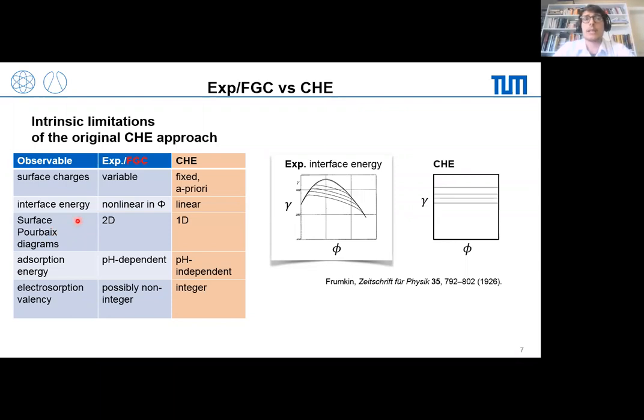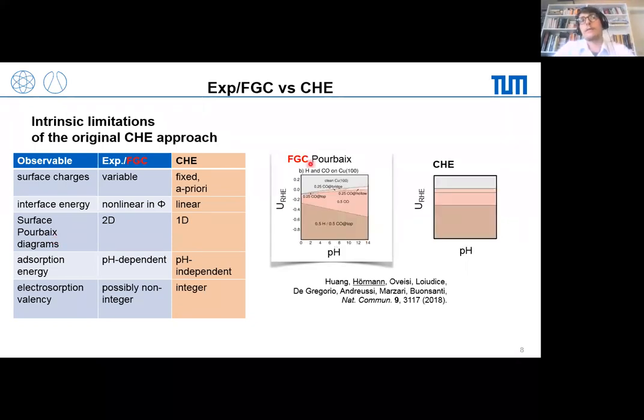As an effect, you also see a different behavior when you look at surface Pourbaix diagrams. In the experiment and in fully grand canonical calculations, by definition, the Pourbaix diagrams are at least two-dimensional. So you have at least these two degrees of freedom, the pH, for example, and the applied electrode potential. You see this diagram, which is taken from this publication.